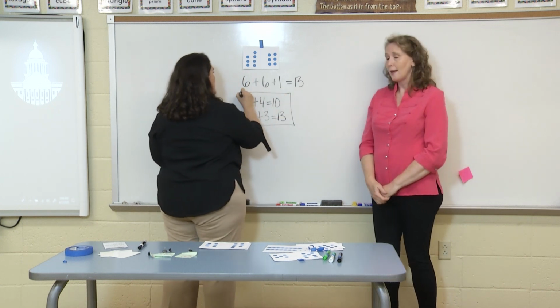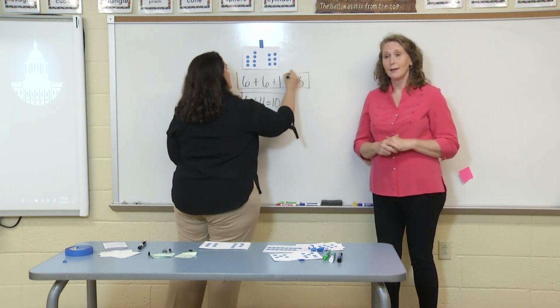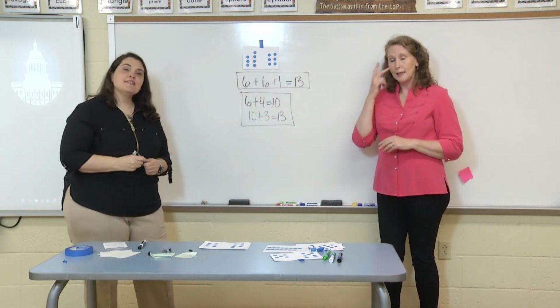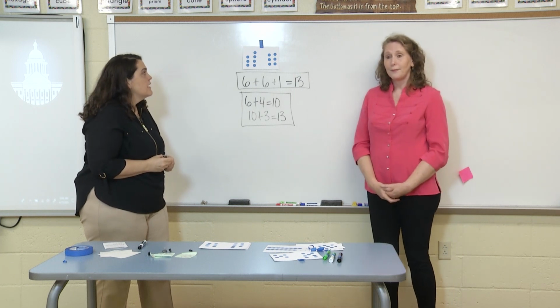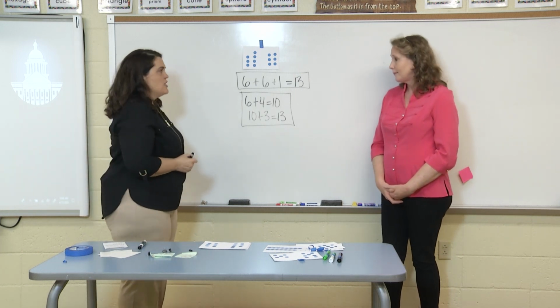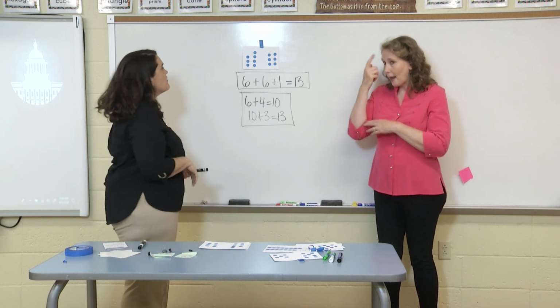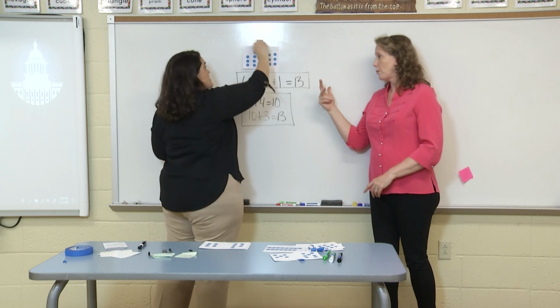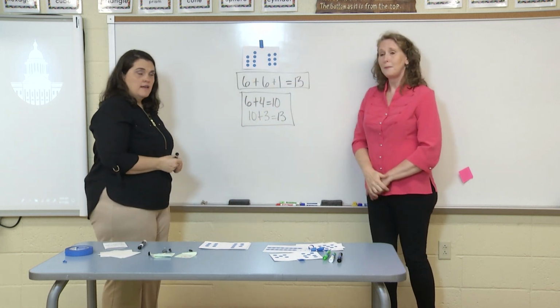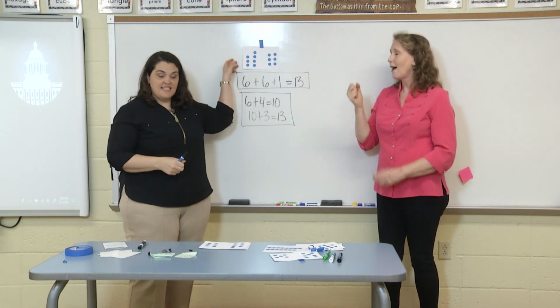There's another way. Do you see any more ways? That way might be hard to see, but I believe you're right. You could take these 3, or even these 3, and slide them over here. Yes, there are tons of ways to see it.